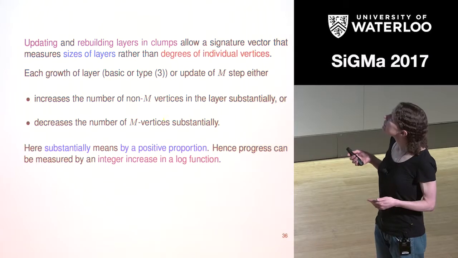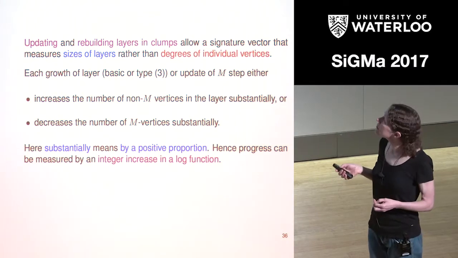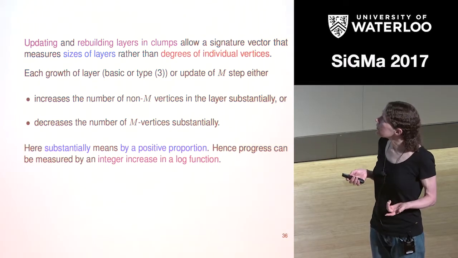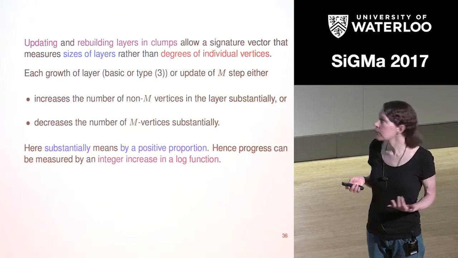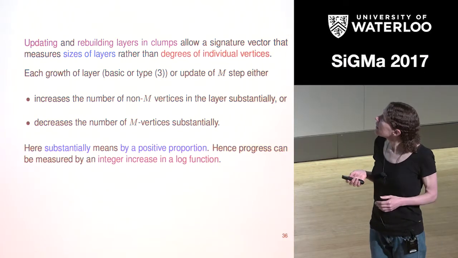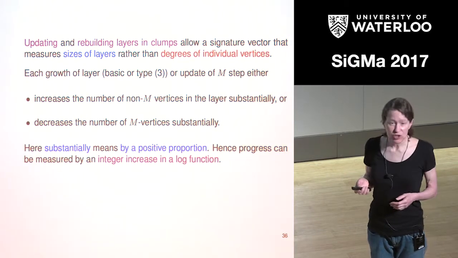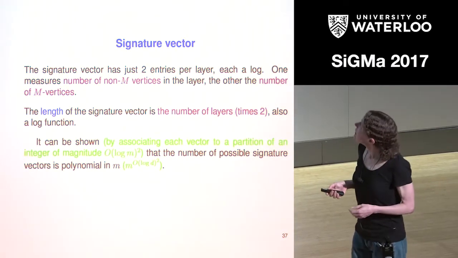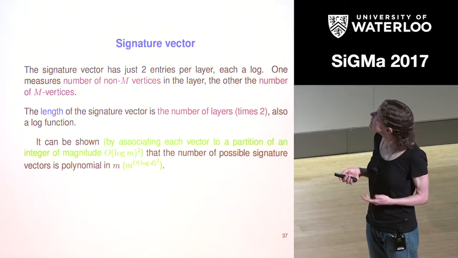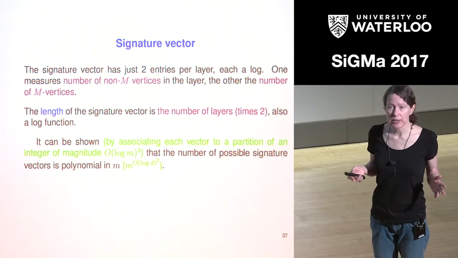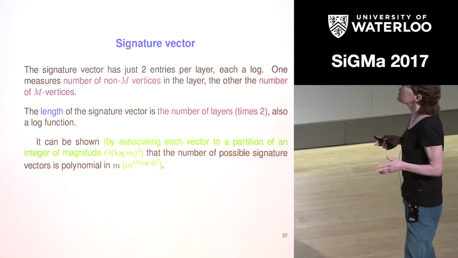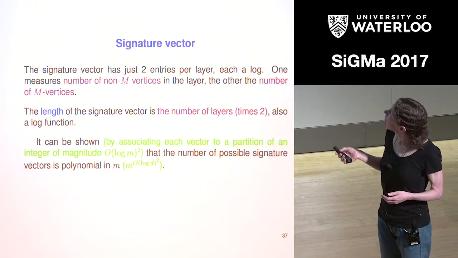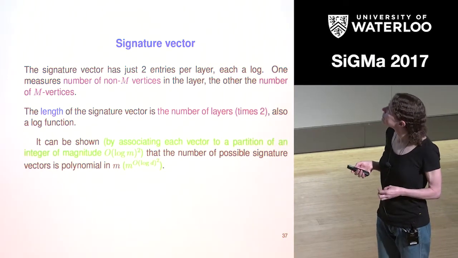And because of these substantial changes, it's possible to describe the progress of the algorithm by a signature vector, which is just a couple of entries per layer, and each one of them we can measure by an integer increase in a log function. And so by means of this, we get a signature vector which is, first of all, short. It's only logarithmic length. And the actual numbers in it are not large, and they're well controlled.